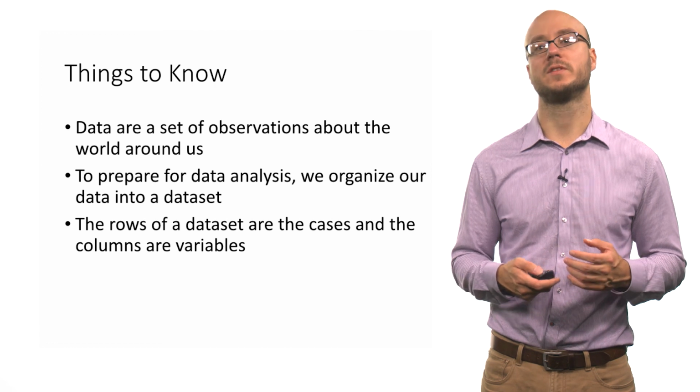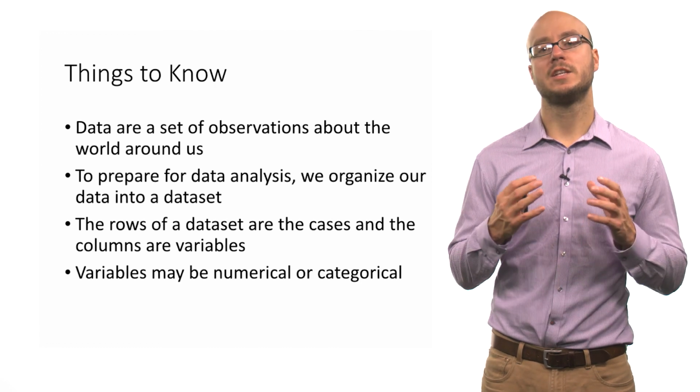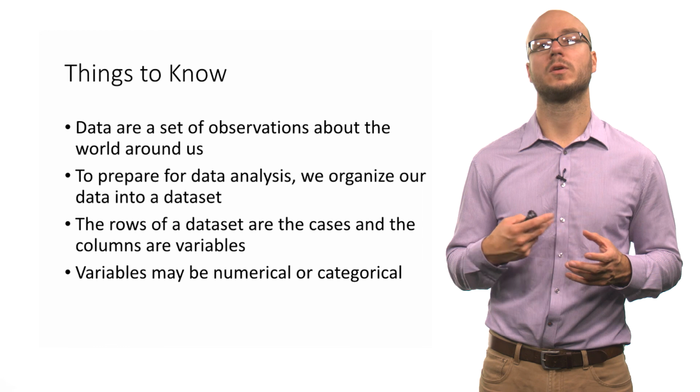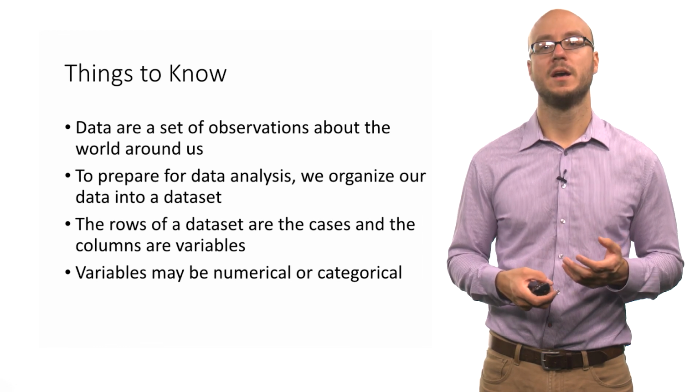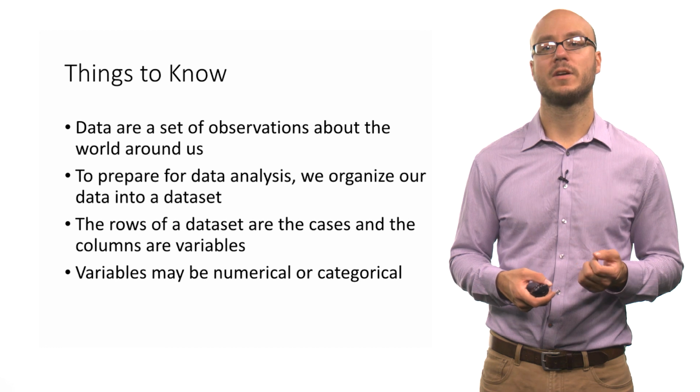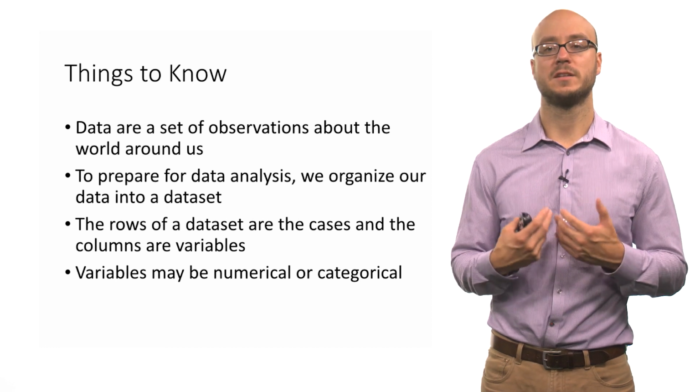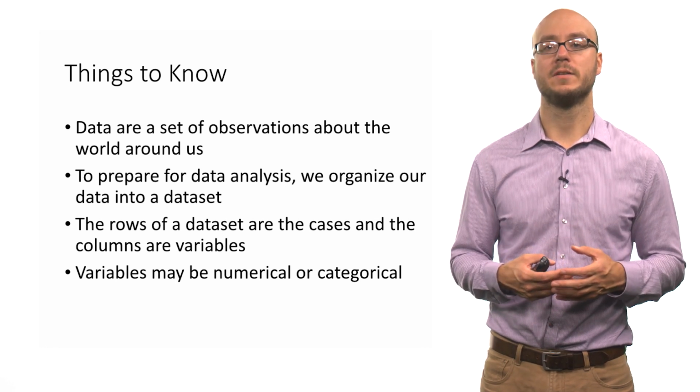They're characteristics of the cases. And then in general, variables may be numerical or categorical, and among numerical variables, we like to distinguish between continuous and discrete variables, and among categorical variables, we like to distinguish between ordinal and nominal variables. And with that, we will end our discussion for now about what data sets really consist of and the different types of data you will encounter.